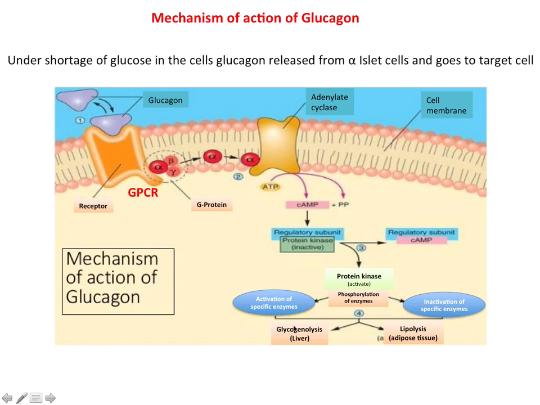After activation of specific enzymes, glycogenolysis happens in the liver cell, and glycogen is converted into glucose, so the glucose level increases. Here you can clearly see that once glucose level goes down, glucagon has a role in increasing the blood glucose level.